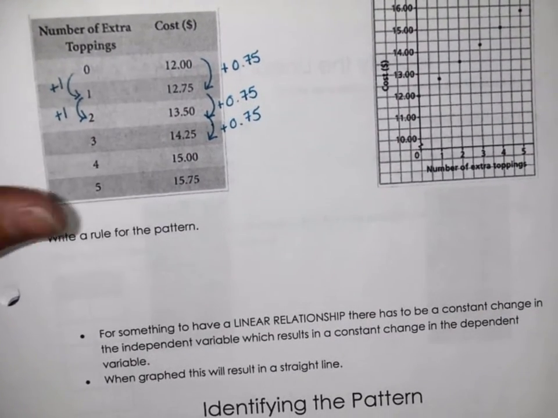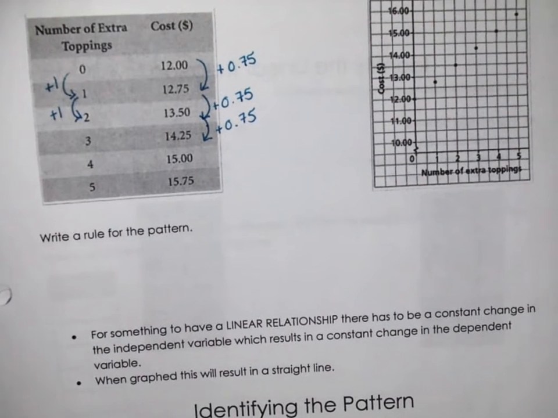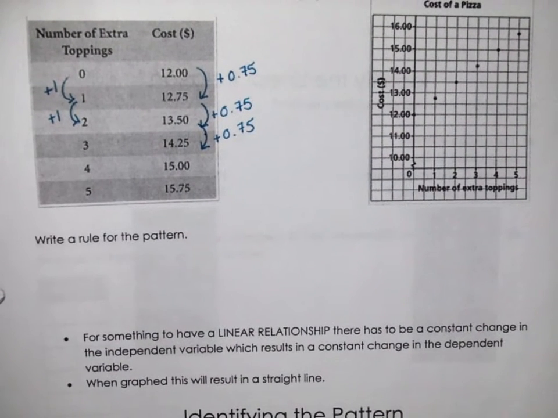Okay, so here we go. Let's write a rule for the data, or a rule for the pattern that we found. So you said that every topping is 75 cents, right, Chelsea? You said every topping is 75 cents. So how can we make that mathematically? I can say it in words. Every topping, 75 cents.